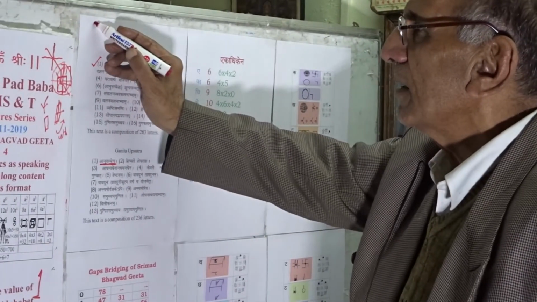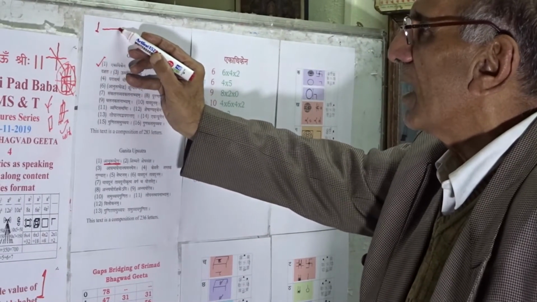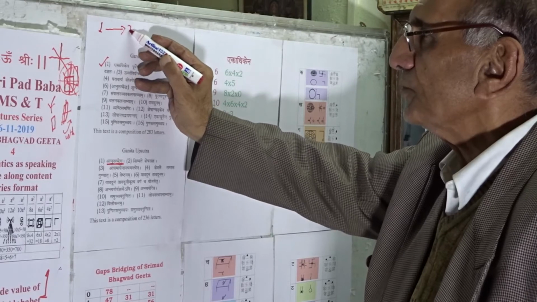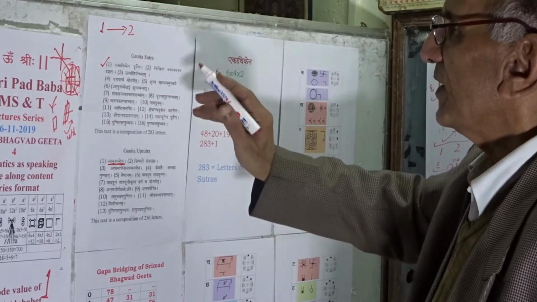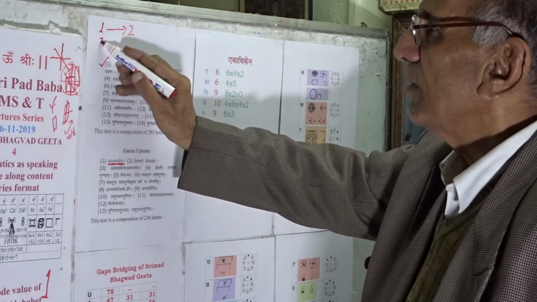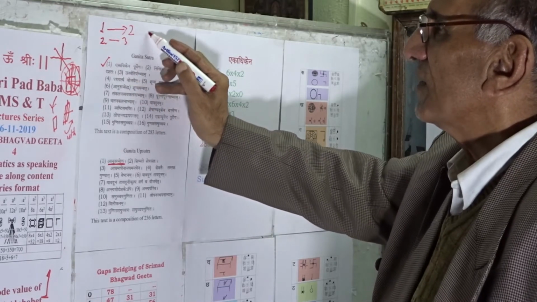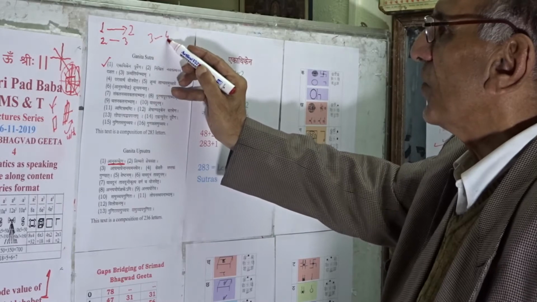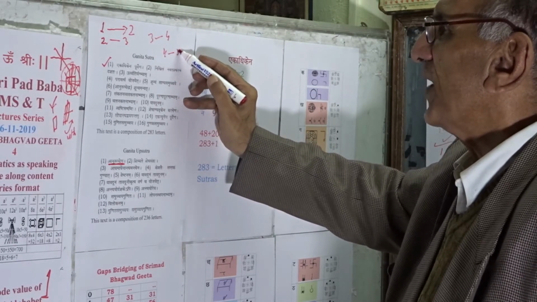Therefore, from 1 by the rule we are reaching at 2, and then by the same and symmetrically from 2 we will be reaching at 3, from 3 we will reach at 4, from 4 we will reach at 5.